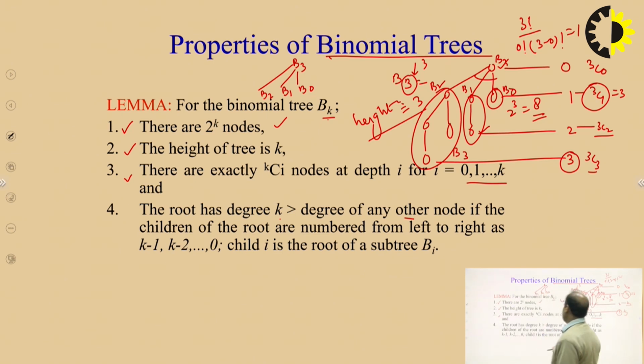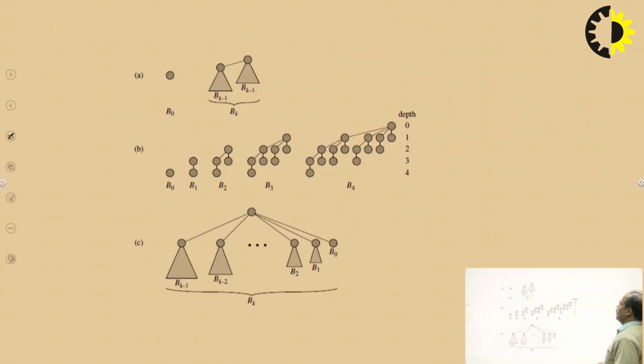So if you number the children from left to right, this is the root of B2, this is the root of B1, this is the root of B0. So this is the common property of the binomial tree, right?